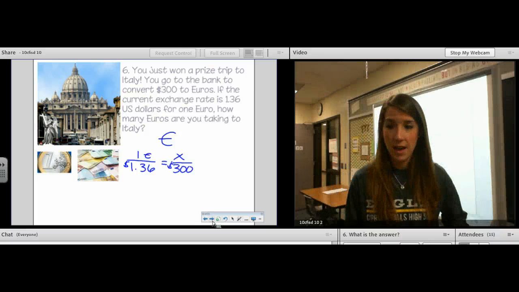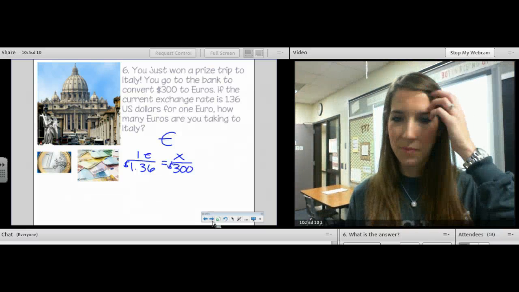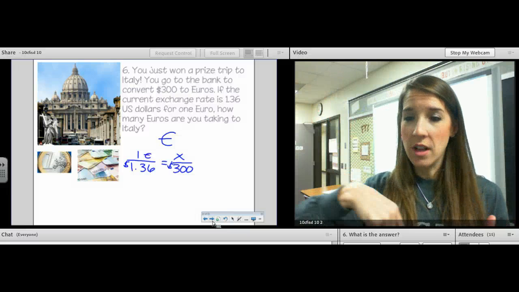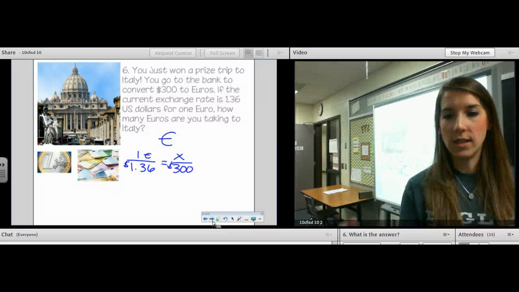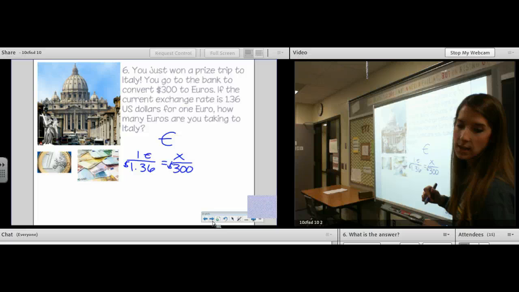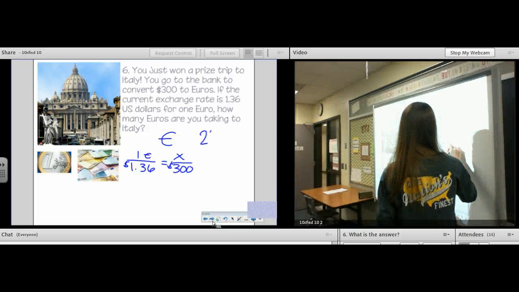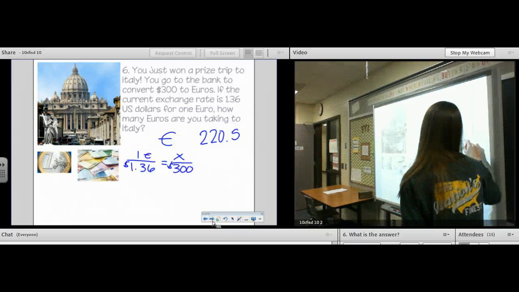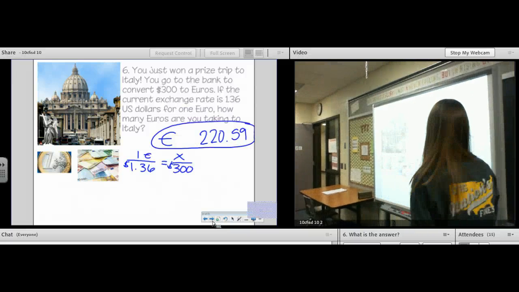That would be the actual math way to set it up. So then when you cross multiply, you do 1 times 300 divided by 1.36, and you get 220.59 euros.